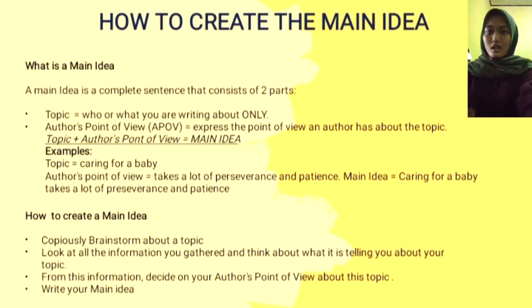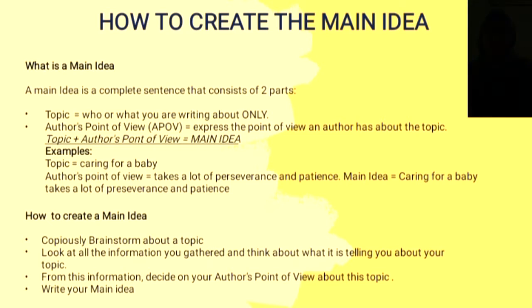Topic plus author's point of view equals main idea. Example: the topic is caring for a baby. The author's point of view: takes a lot of perseverance and patience. The main idea is: caring for a baby takes a lot of perseverance and patience.